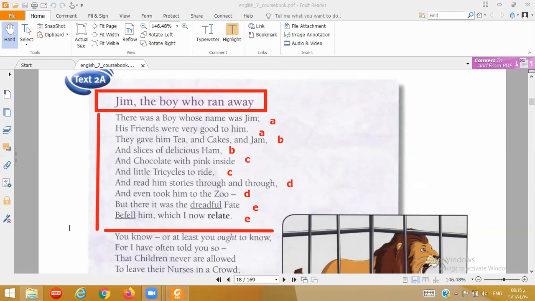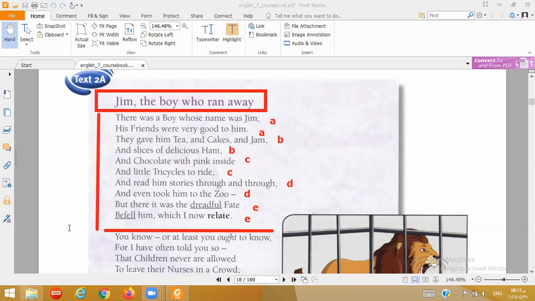All right. So from the first 10 lines, what information do we get about the boy? There's a boy who was named Jim.